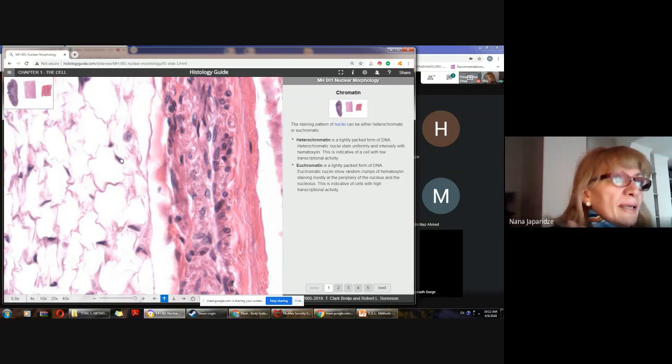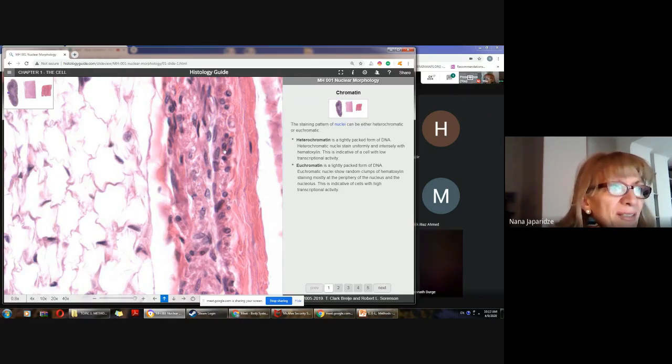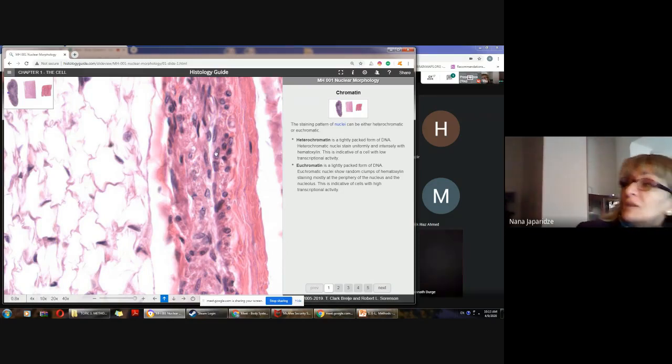We can't say that it is inactive, no, but less active than, for example, this nucleus or this cell. Look at this one here or that one, because we can see here small granulations or small blocks of dark stained material, which is heterochromatin.